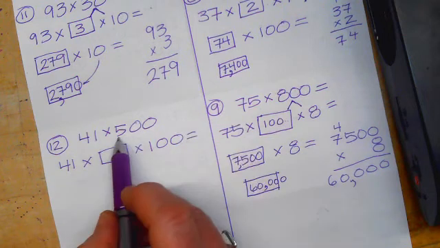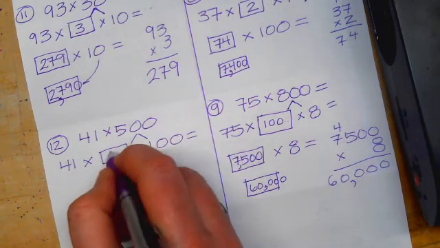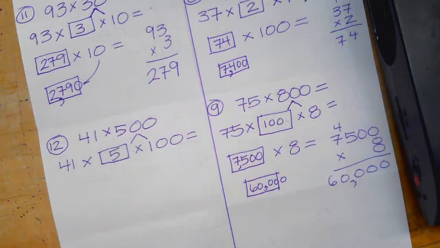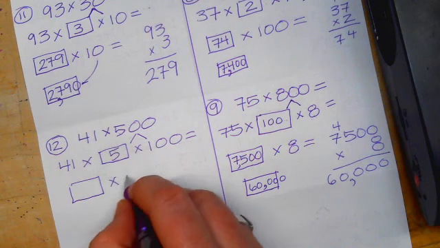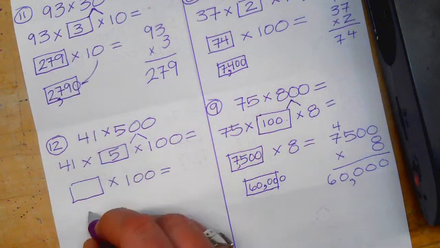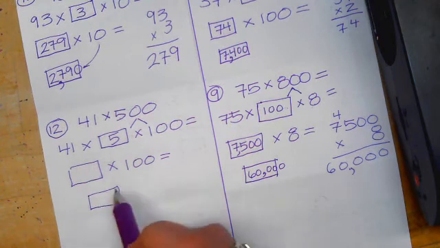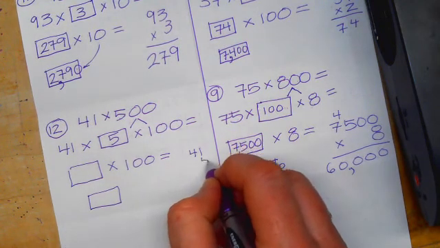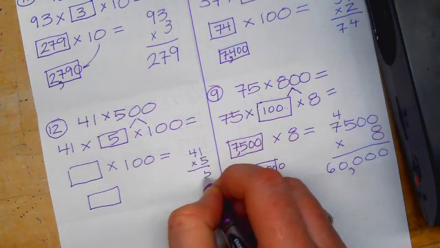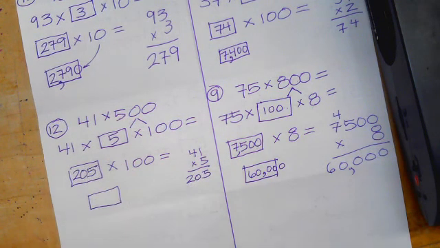Let's say that this is the same thing as 41 times a green box times 100. So 500 is the same thing as 5 times 100, right? Then that's going to give us green box times 100, and that's going to give us a green box, right?